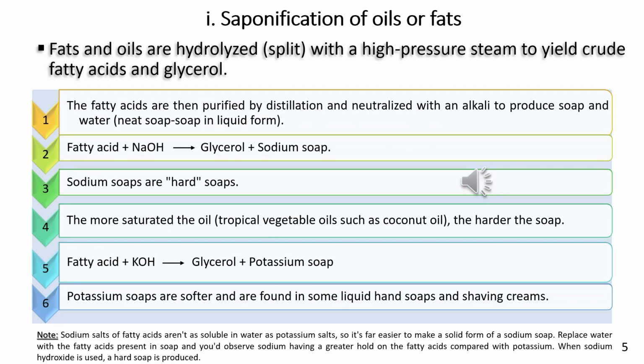Saponification of oils and fats. Fats and oils are hydrolyzed, split with high pressure steam to yield crude fatty acids and glycerols. So when the process of hydrolysis takes place in fats and oils at high pressure and steam is provided, that gives us crude fatty acids and glycerol.